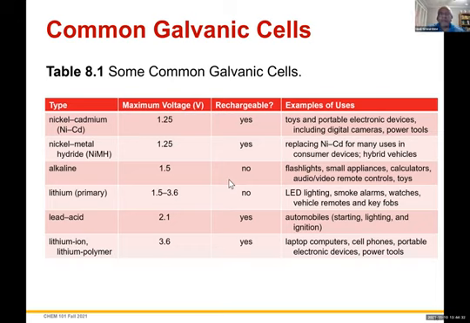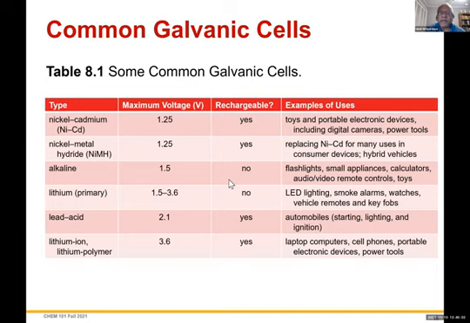Nickel metal hydride batteries are a replacement for nickel cadmium that are used in consumer devices and hybrid vehicles. Nickel metal hydride is the one used in hybrid cars initially.